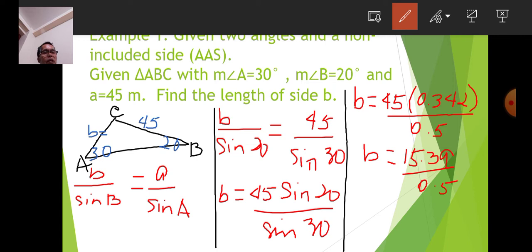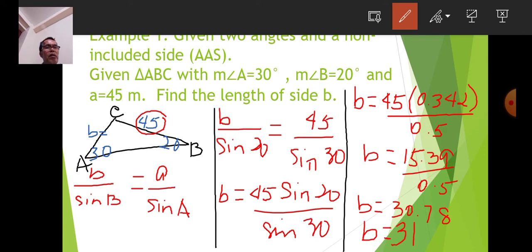So therefore B is equal to 30.78. Since the length of A, which is 45, is a whole number, we are going to round off our answer for letter B to whole numbers. So B now is equal to 31.